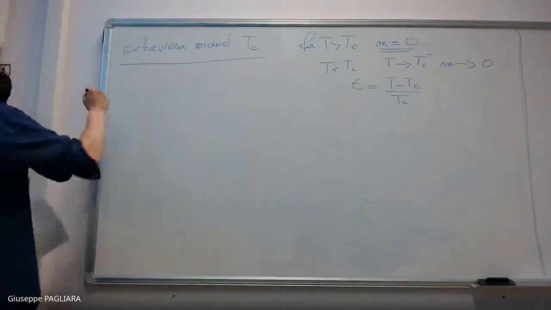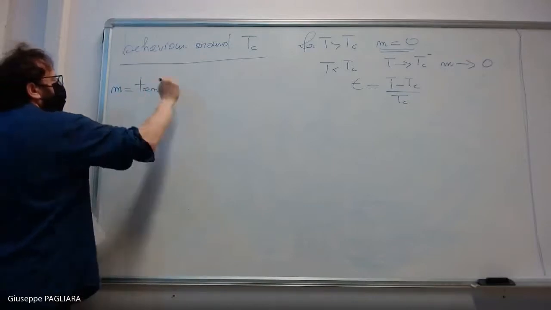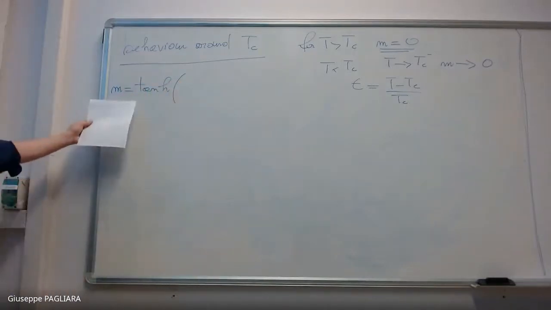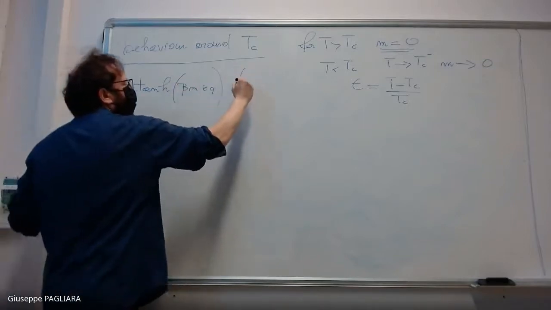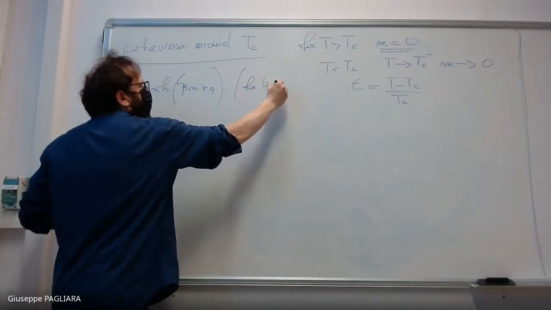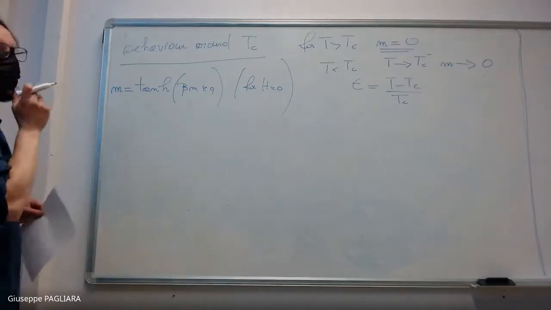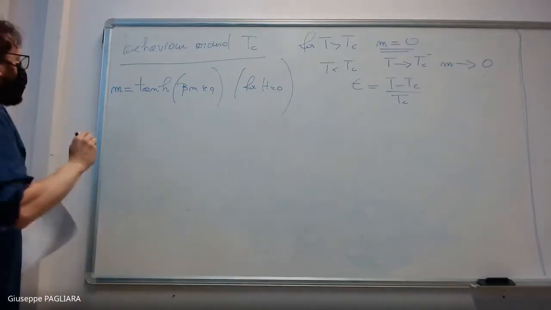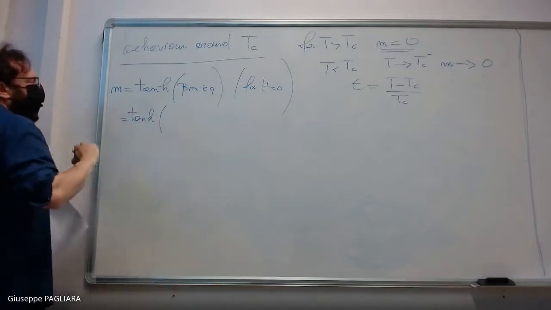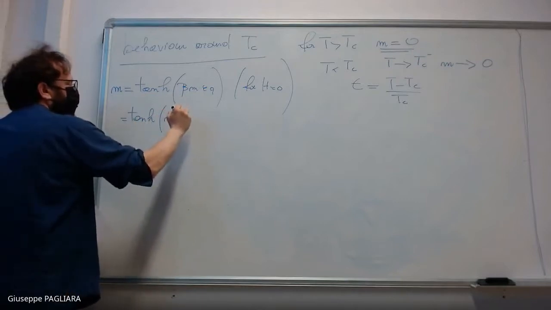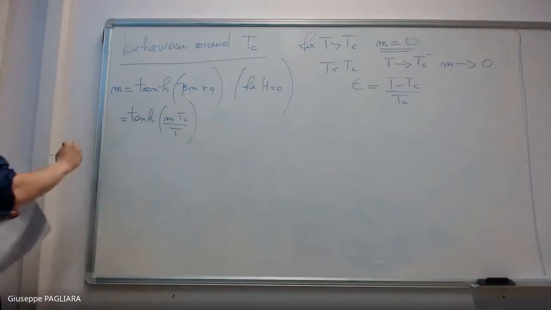Okay, so let me start again from the equation of M at H equal to 0, which was the following: M is equal to the hyperbolic tangent of beta M epsilon q. Now we are working for H equal to 0, and Tc is actually epsilon q divided by Kb. Therefore, this is also equal to the hyperbolic tangent of M times Tc divided by T. Okay, this M.